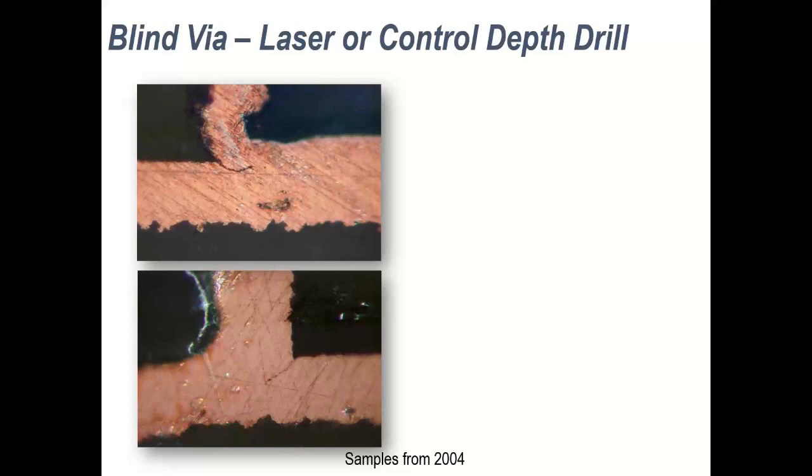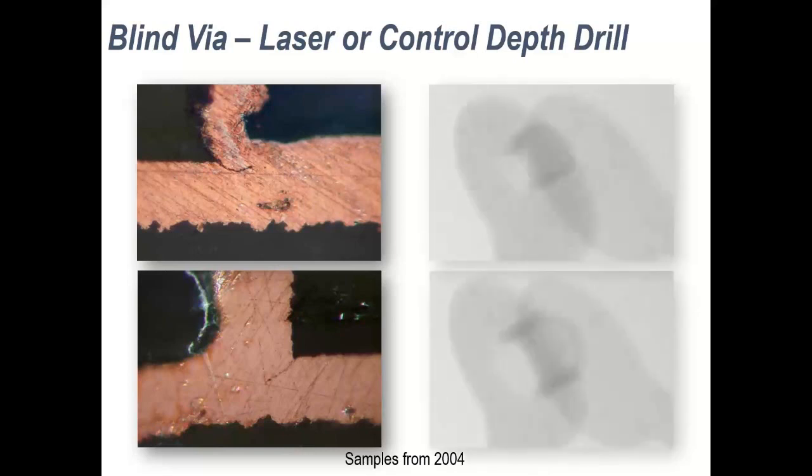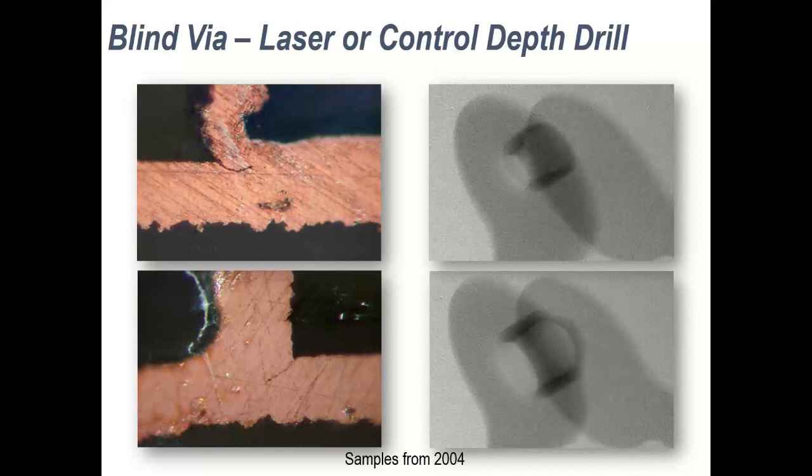In 2004, we were just able to use X-ray techniques to see the shape of vias. You couldn't detect cracks at that level, but you could see the shape of it. And the reason I show you this is just to show you the difference between a laser cut hole, which is the top example, and the bottom is the X-ray of the drilled or controlled depth drilled via on the left-hand side.